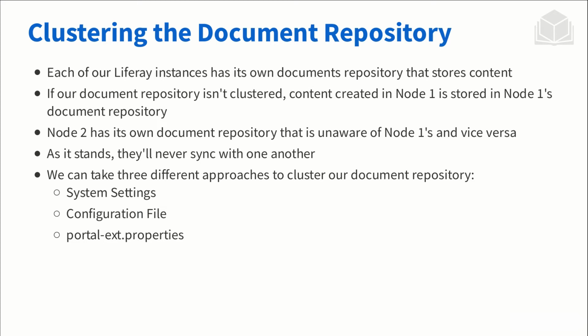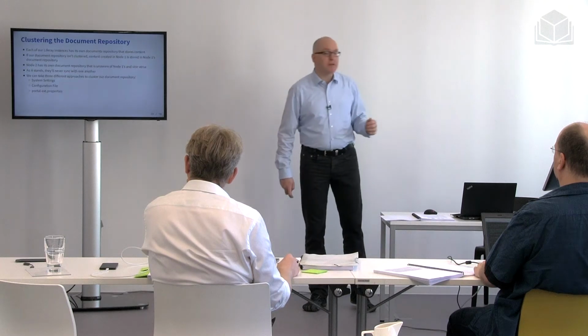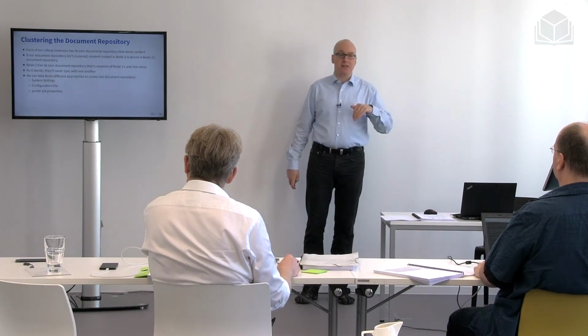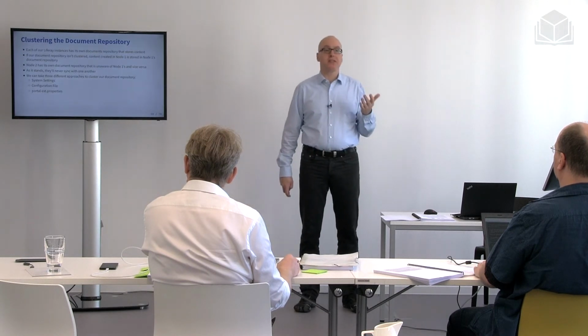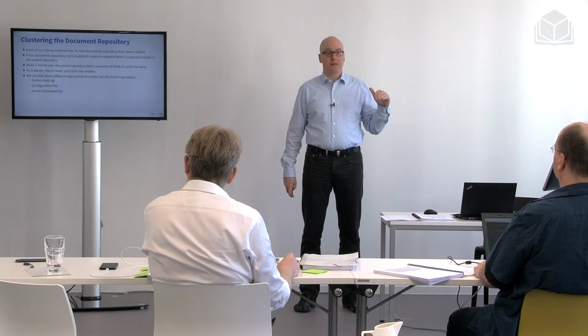We have a couple of options to configure these settings, and one of them, I'll start at the bottom, is Portal ext properties. This is where we actually tell Liferay which store to use. So we can say the advanced file system store is the store to use, or the simple file system store, or the database store. However, the configuration of the advanced file system store happens through the system settings. You have already seen them: control panel, configuration, and system settings.